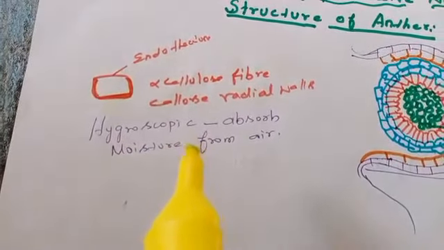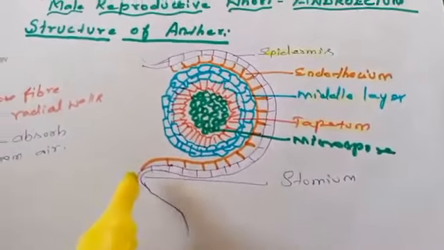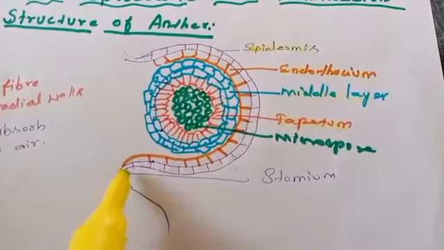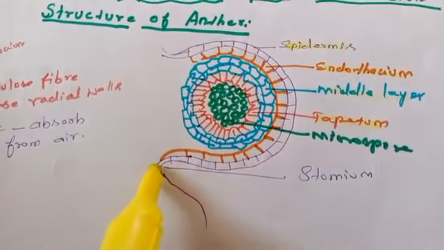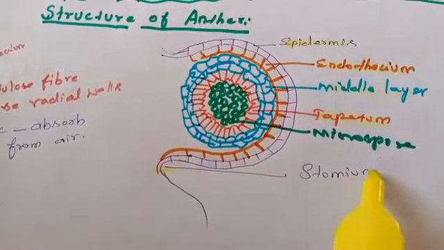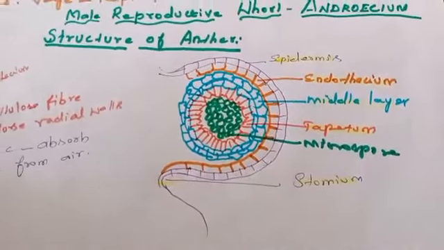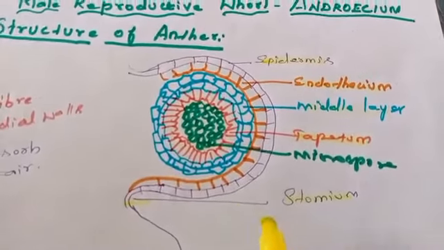Okay, next, in some places, the cellulose fibers as well as callose thickenings are absent in some of the endothelium cells, and that part is known as stomium. What is absent? Thickenings are absent, and that region is called what?